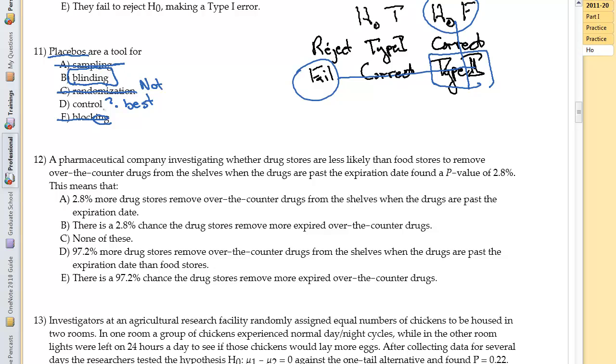Control is to help us compare one sample to another, and that's not really what placebos are for. That's what randomization, random assignment and stuff are for. So B is going to be the best answer here. B, best answer. D, not the best answer. All right, 12.